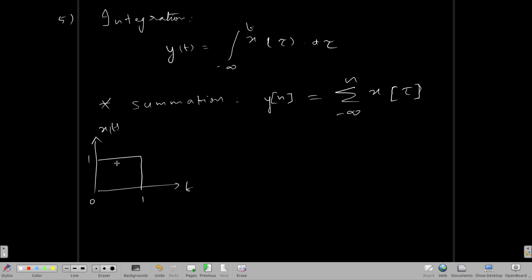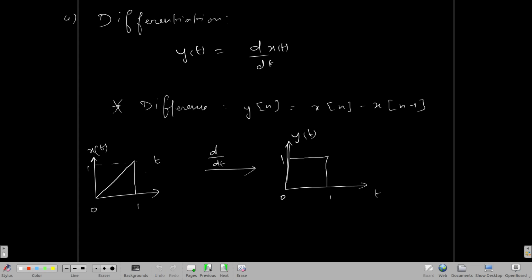Or you can consider this as the integration of the value 1. So if you integrate it, you will get something like this. Okay, that is integration.